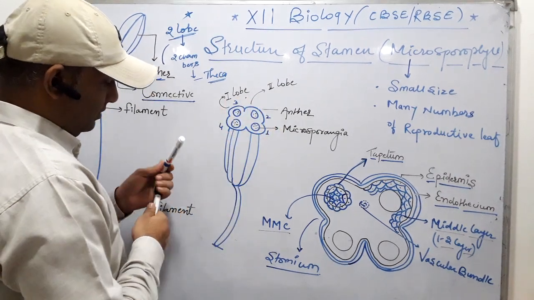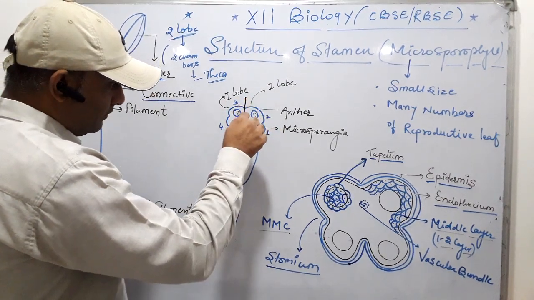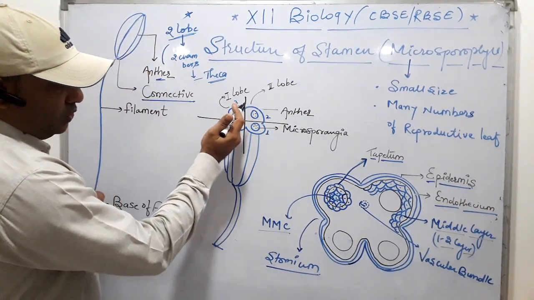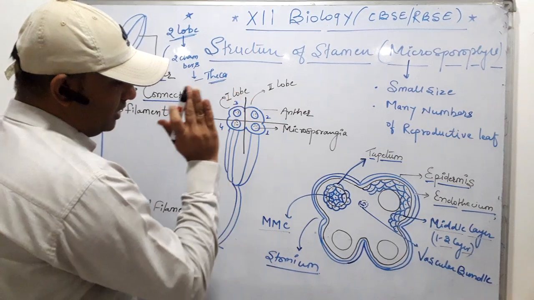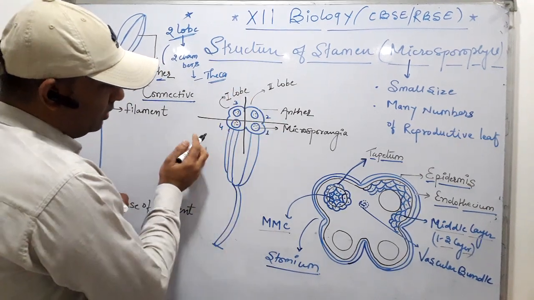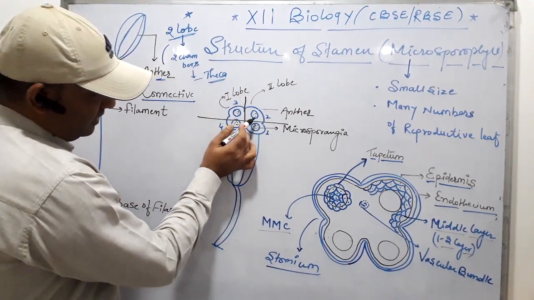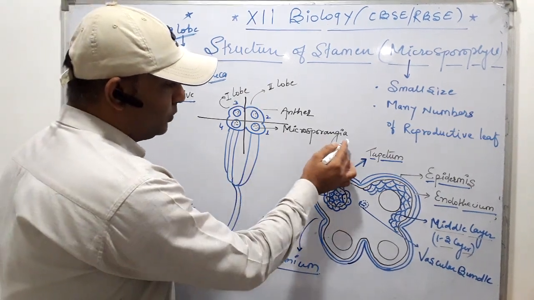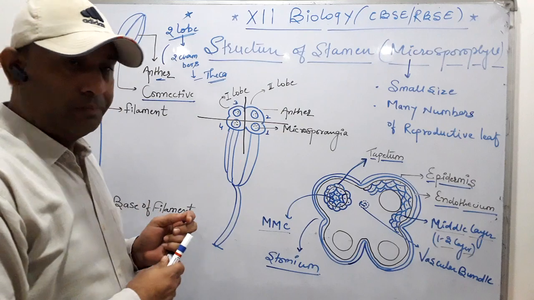Clear? The left-hand side is the first lobe and the right-hand side is the second lobe, with a total of four chambers, first, second, third and fourth. These four chambers are the microsporangia, and the lobes total two.